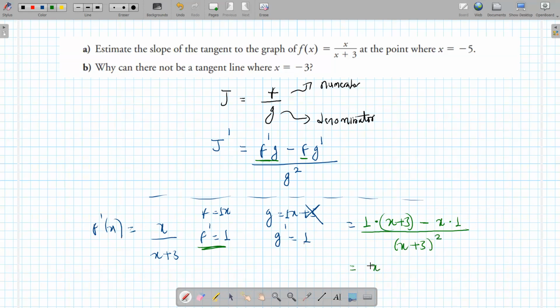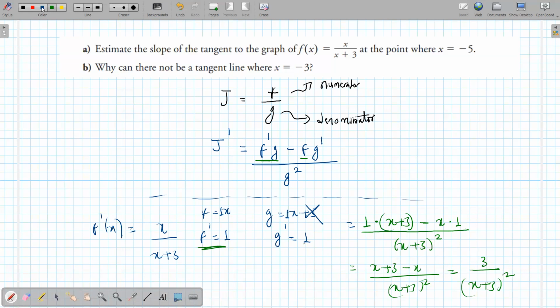If you do this, you get x plus 3 minus x over x plus 3 squared. Now the x's cancel out. You get 3 over x plus 3 whole squared, okay? And that is your IROC function. That's the shortcut of doing this. If you don't want to do the plus minus 0.01, this is the formula if you have a rational function.